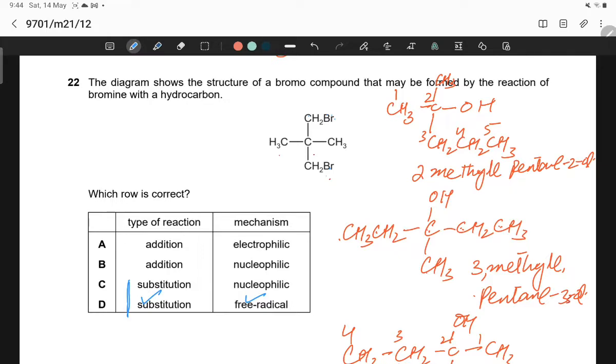Addition nucleophilic can have Br, but over here 2 Br are on different carbon atoms which are not adjacent to each other, so that's why it could be free radical mechanism. So the type of reaction is substitution and the mechanism is free radical. So answer D is correct.